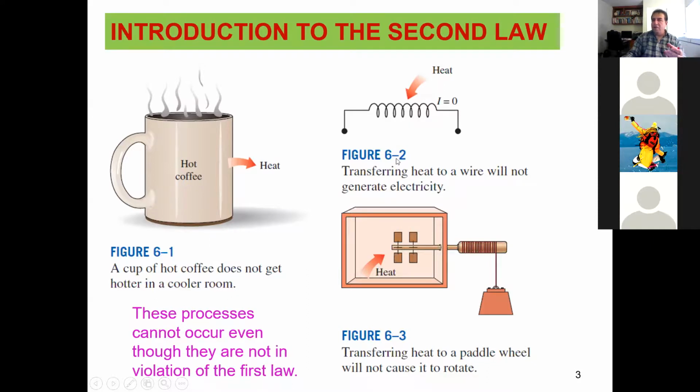So in an electrical circuit or in a wire, a current can flow through the wire, but you cannot put heat next to a wire and expect to have electricity, okay? So transferring heat to a wire will not generate electricity. Transferring heat to a paddle wheel will not cause it to rotate, okay?